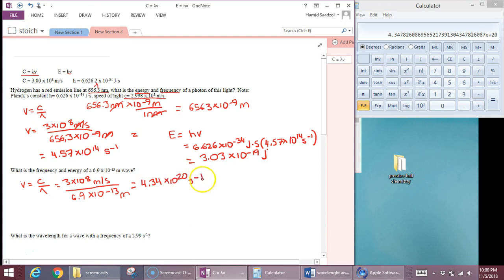Huge frequency, so obviously pretty energetic. Alright, and now we're going to calculate our E again, because they're looking for both frequency and energy.